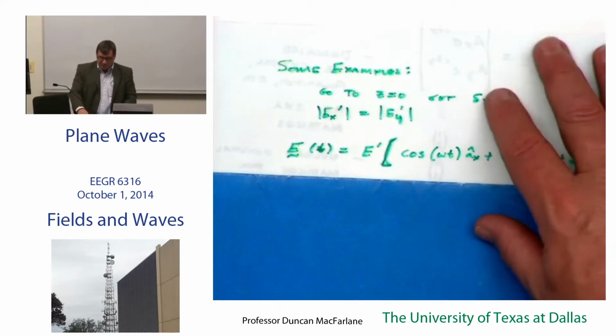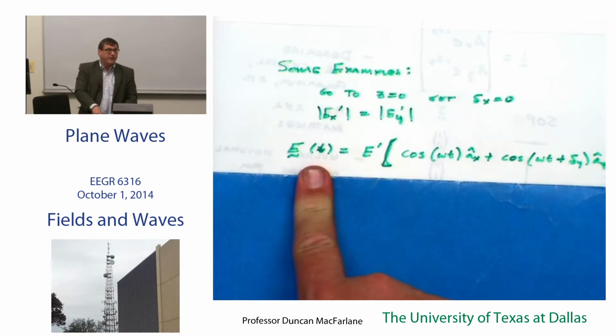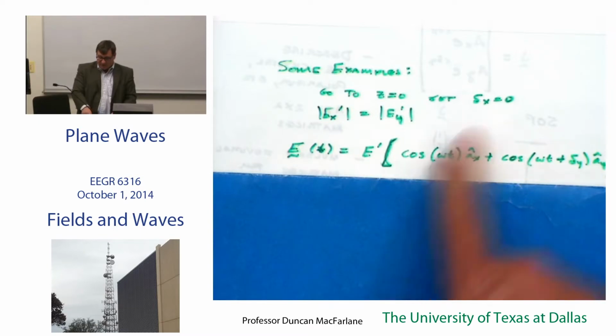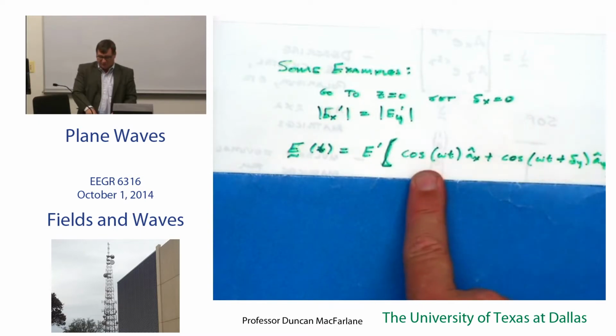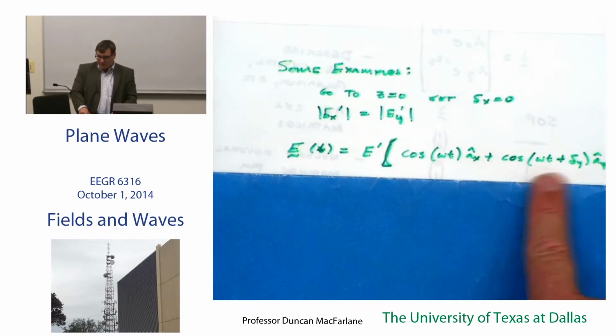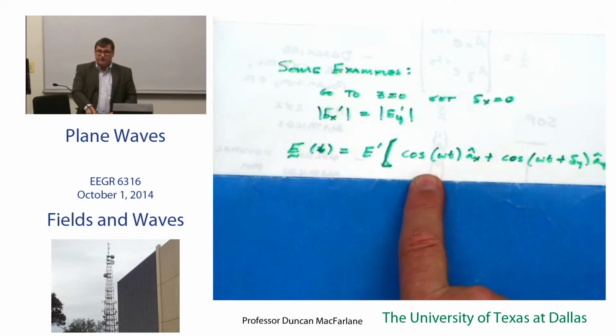If I reduce down my equations, I'll have just one amplitude. The z dependence goes away, because it's just 0. I have a cosine of omega t, because I've set that phase shift equal to 0. The vector a sub x stays in there. And then the y component of the electric field can be shifted in phase relative to the x component.